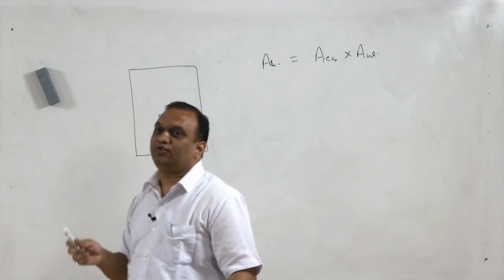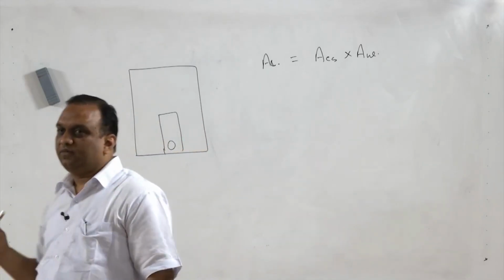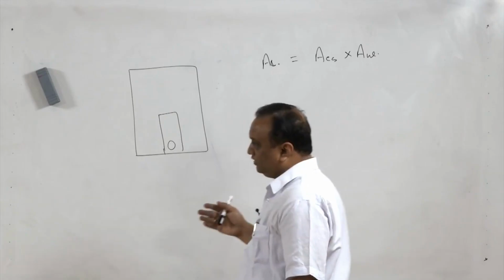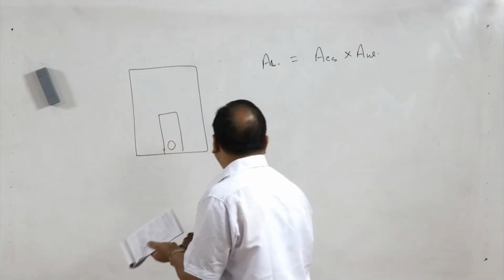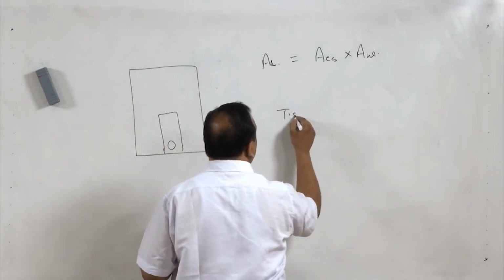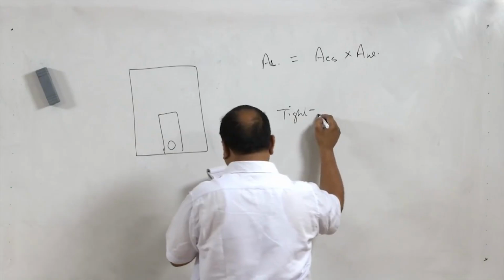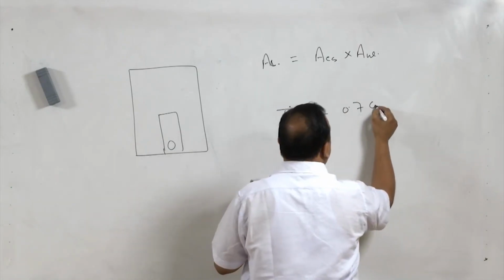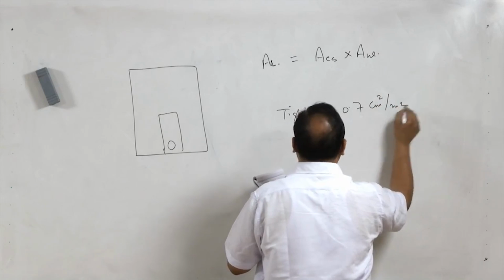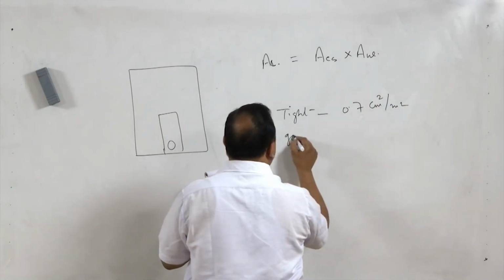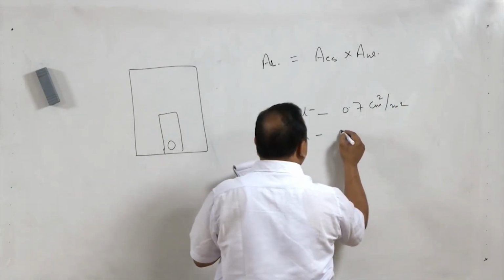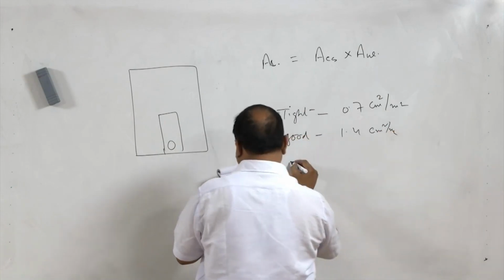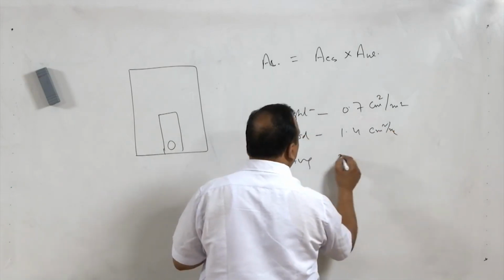This method is used for residential buildings only, not for commercial buildings. Unit leakage area we get from a chart, where a tight building has a unit area of 0.7 cm² per m², good is 1.4 cm² per m², and average is 2.8 cm² per m².